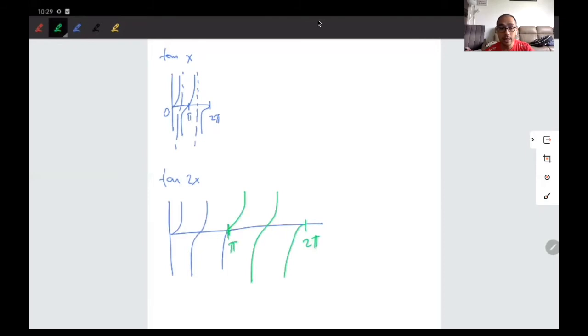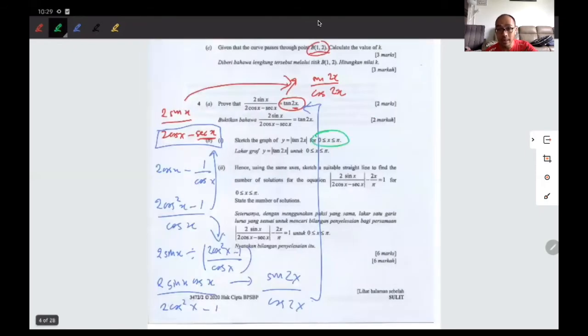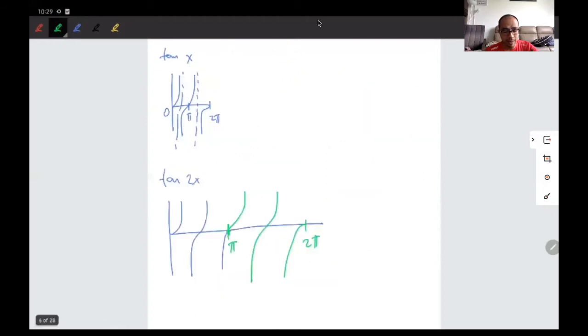Since the question is asking for 0 to pi only, they actually want the blue part only. But because there is a tangent 2x modulus, that means the parts below, the ones that are colored yellow, have to go up. So this is what we will get.